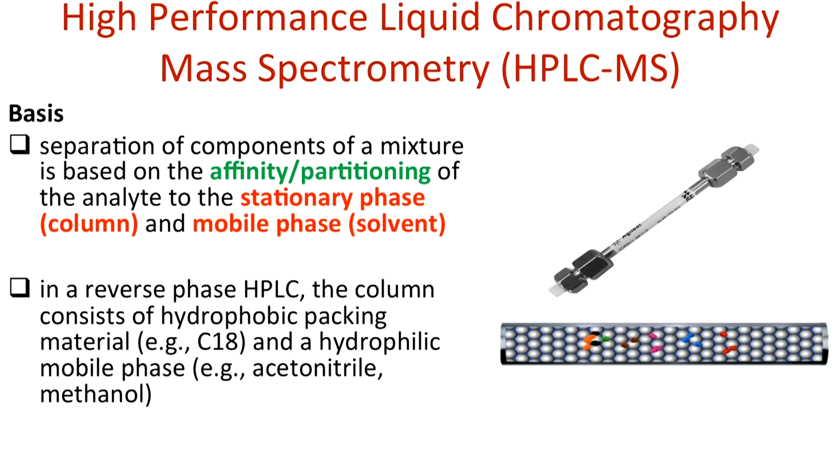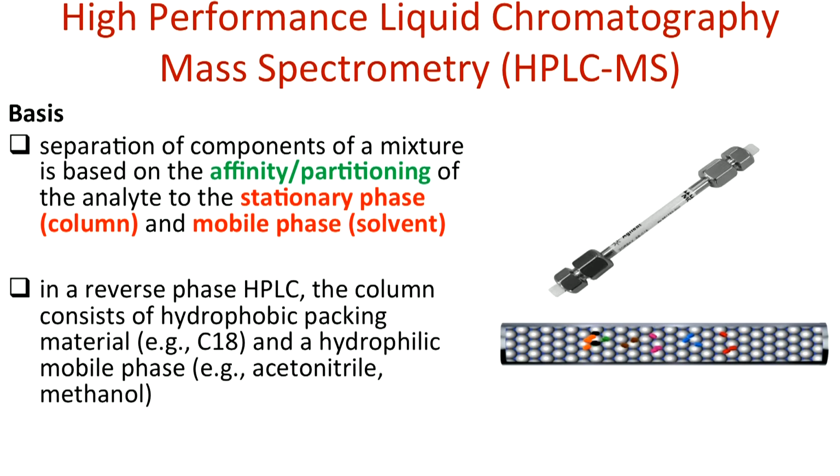So let's say you have a nonpolar phase, normally C18. If your compound is more nonpolar, then it tends to interact more with the column. So it will stay there for a longer time compared to a less polar compound. And then the more polar compound will travel faster with the solvent.